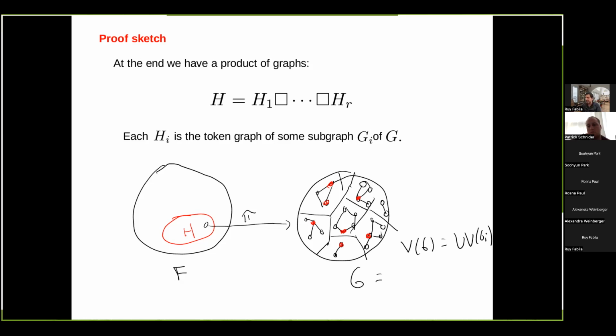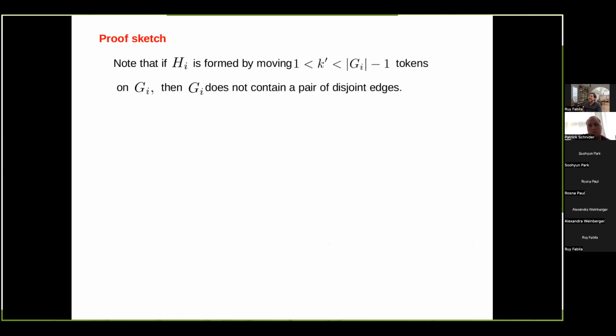So what was crucial is the fact that we started with the largest matching. That has some implications for what we are doing here. Because suppose that HI is formed by moving more than one token, let's say 2 tokens, okay?